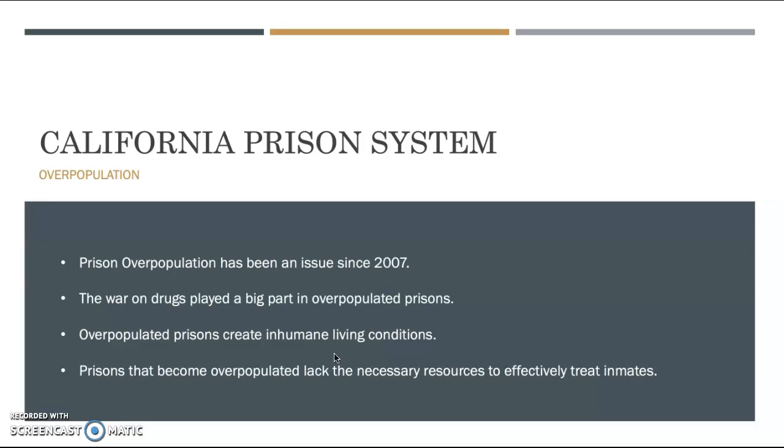This caused individuals that lived in inner cities to be funneled into the prison system, which caused a spike in the prison population. When these prisons became overpopulated, inhumane living conditions were created.